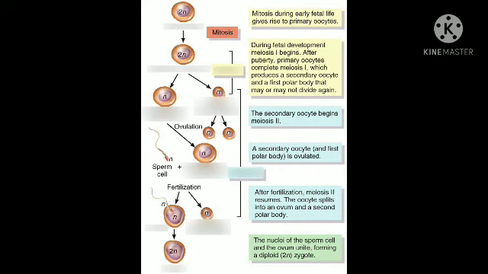If there is no sperm, no meiosis 2 will occur and there will be no fertilization and no production of a diploid zygote. In this way, we have completed the process of gametogenesis in both males and females. In the next lecture, we will study the male and female gamete structure, that is the ovum, Graafian follicle, and the sperm.